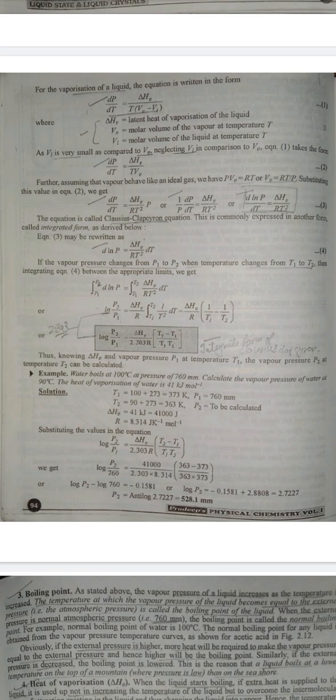If the vapor pressure changes from P1 to P2 when the temperature changes from T1 to T2, then integrating equation 4 between the appropriate limits, we get the integral from P1 to P2 of d ln P = the integral from T1 to T2 of ΔHv / RT² dT. So ln P2/P1 = ΔHv/R times the integral from T1 to T2 of 1/T² dT = ΔHv/R (1/T1 − 1/T2). Hence log P2/P1 = ΔHv / 2.303 R × (T2 − T1)/(T1 T2).